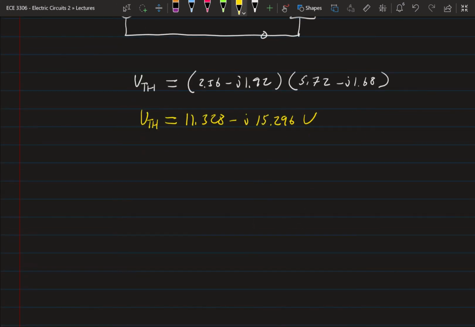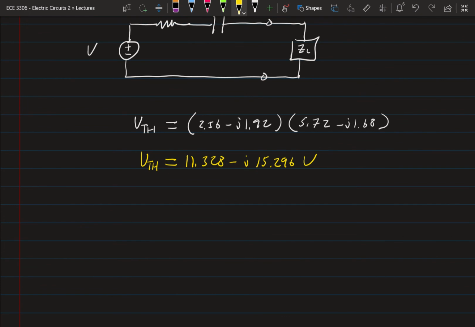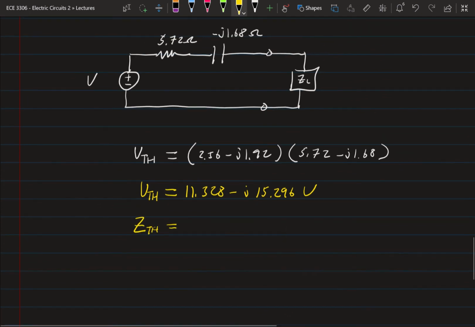So now we've got our whole finished circuit. We also know that our ZTH is equal to 2.56 minus j1.68 ohms. Oop, not 2.56. Where did I get that from? Oh, that was the current.